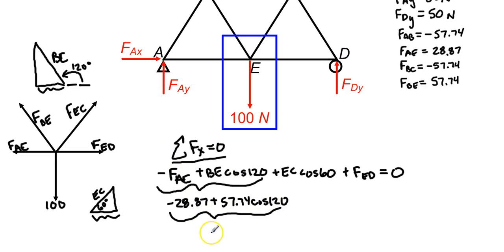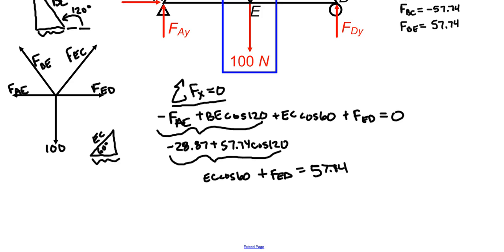And we'll just go ahead and skip around here, bring this down. My final expression is going to be EC cosine of 60 plus the force on ED is equal to, this thing simplified is negative 57.74, and we add that to both sides, and we end up with a positive 57.74 for this expression.